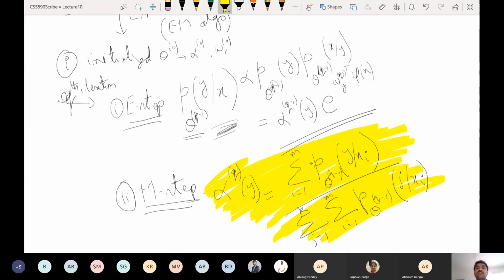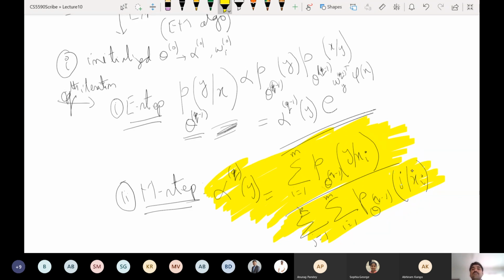But what is y of x? It is some kind of a soft membership. It basically tells you the likelihood of a cluster ID given an example. So it's like asking each example xi, what is the likelihood that you belong to a particular cluster y, and simply adding up all those likelihoods and properly normalizing it. The denominator is nothing but the normalization constant.